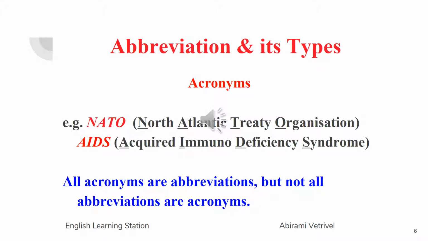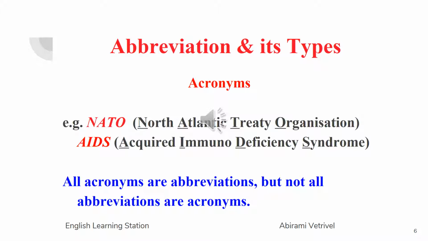The next type of abbreviation that we're going to learn is acronym. Acronym is often confused with abbreviation. So what is an acronym? Acronym is similar to another type of abbreviation called initialism. We've learnt earlier that in initialism, the first letter of every word in the term is taken and the abbreviated form is written.